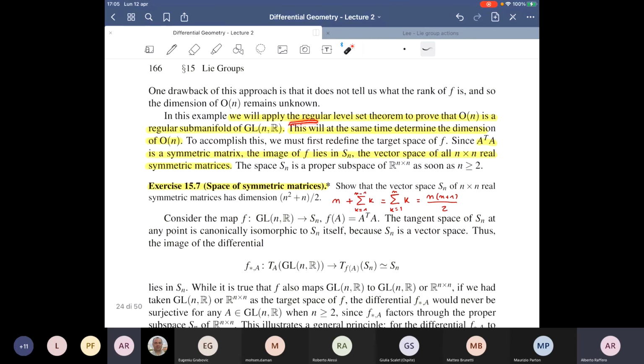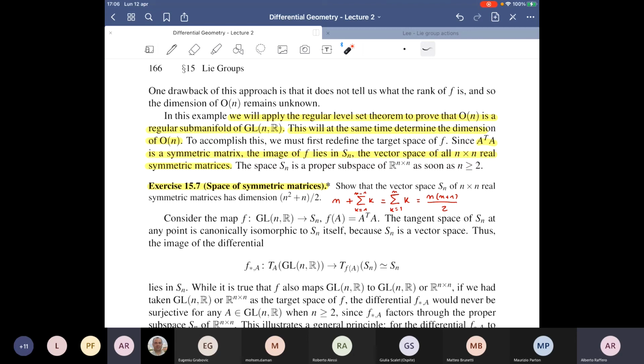We will use the so-called regular level set theorem. And in this case, as you can see, we will determine the dimension of the orthogonal group. How to do this? The key observation is that the product of the transpose of a matrix by itself is a symmetric matrix. This means that if you take the transpose of this product, you get again this product, because of the properties of the transpose.